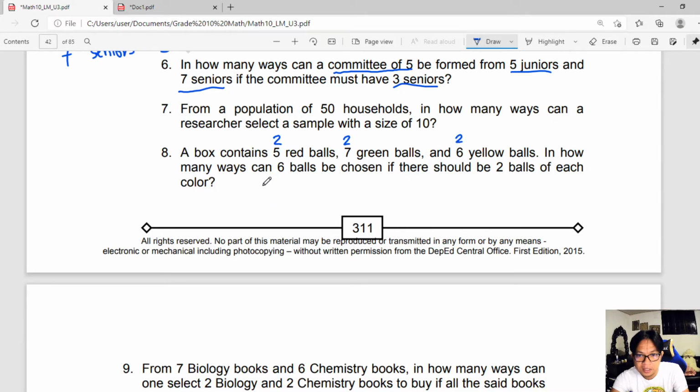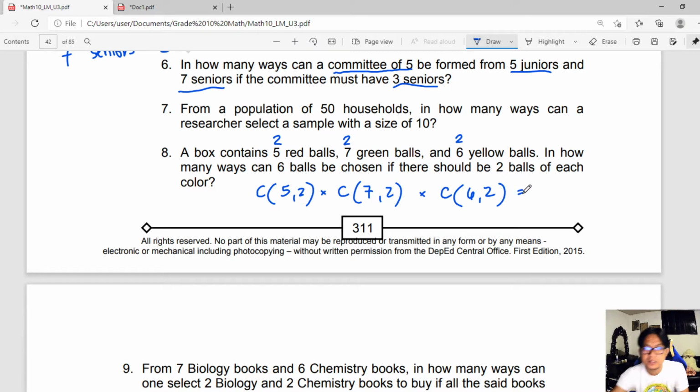So, that is combination of 5 taken 2 at a time times combination of 7 taken 2 at a time times combination of 6 taken 2 at a time. So the answer is, 5 combination 2, that is 10.